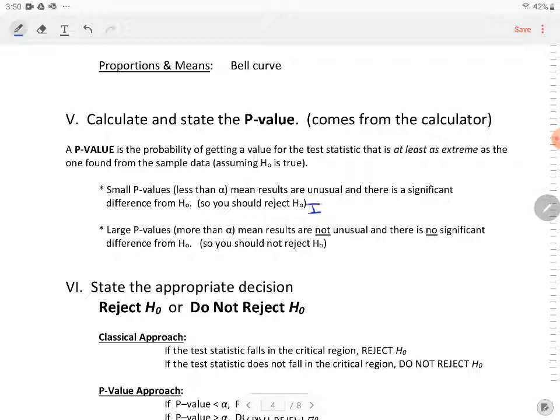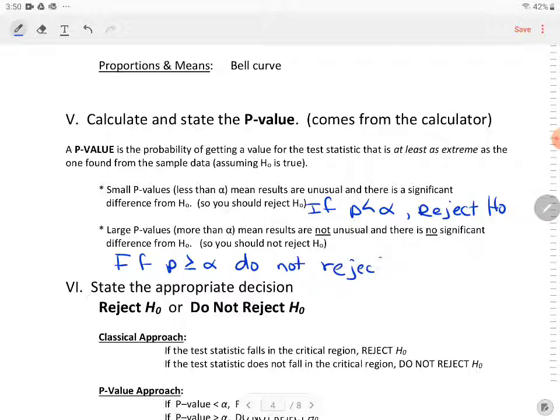So if p is less than alpha, reject H0. If p is greater than or equal to alpha, you do not reject H0. Actually, we're going to say greater than because I do not know right away of a condition where it would be less than.